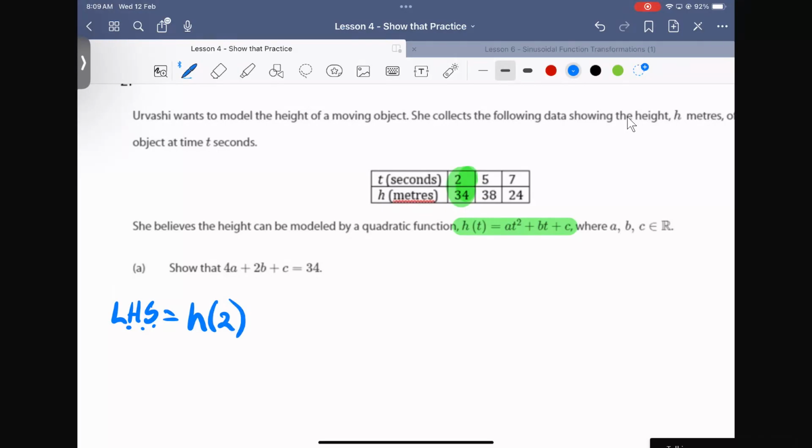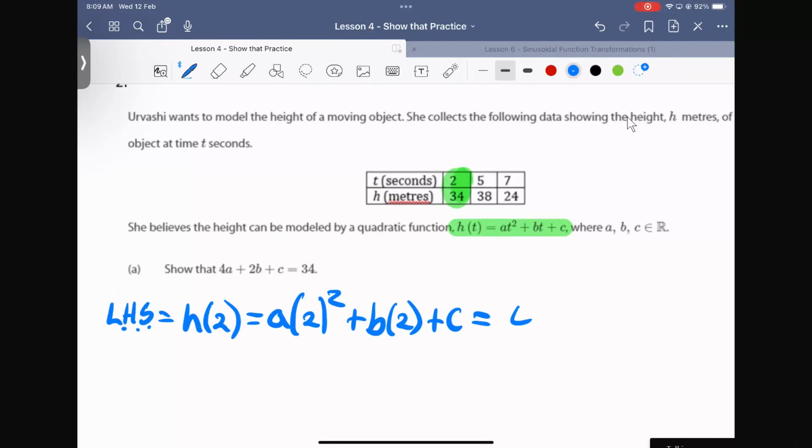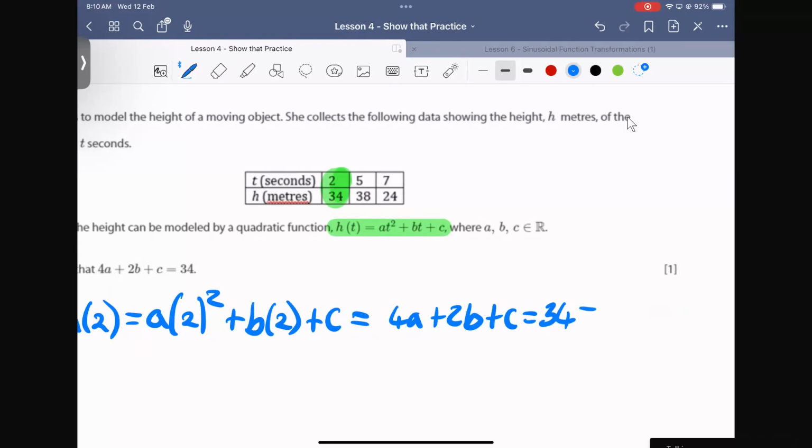So h of 2. Now h of 2 is going to be a(2) squared plus b(2) plus c, which is equal to 4a plus 2b plus c, which should equal 34 because h of t is 34. And this is the right-hand side.